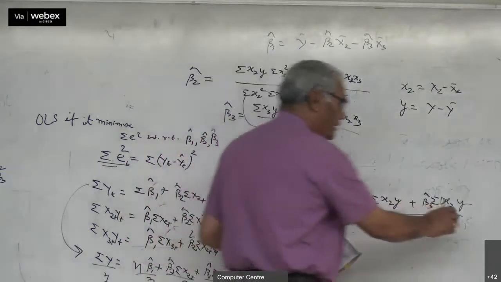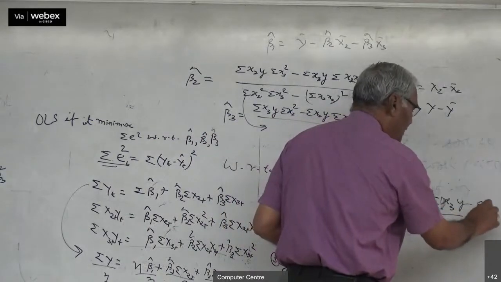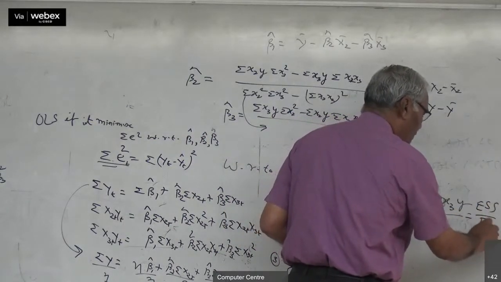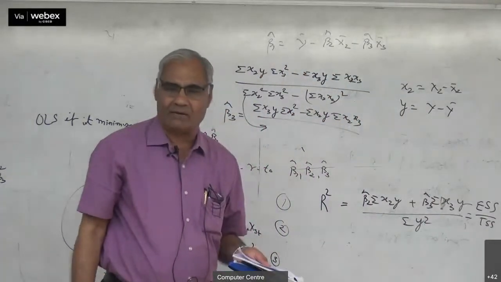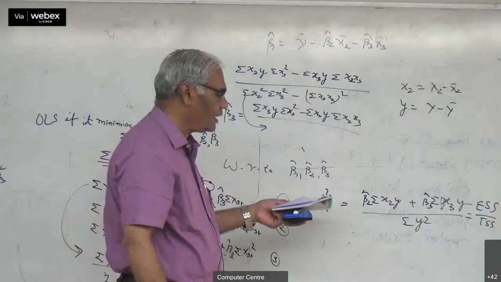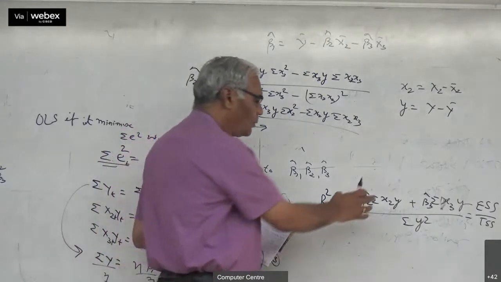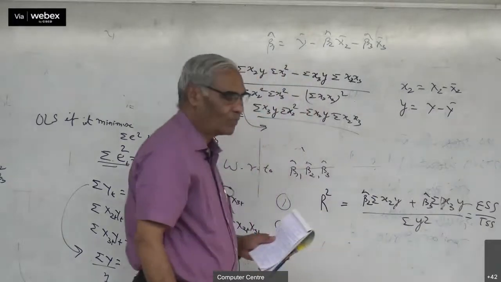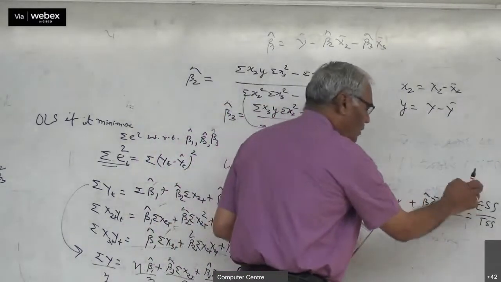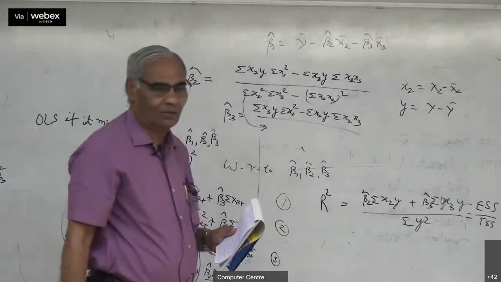This is nothing but the explained sum of squares. This is the total sum of squares. The ratio of the explained sum of squares divided by the total sum of squares is equal to R square. This portion is explained by x2, this portion is explained by x3. So this is the total explained sum of squares divided by this one.